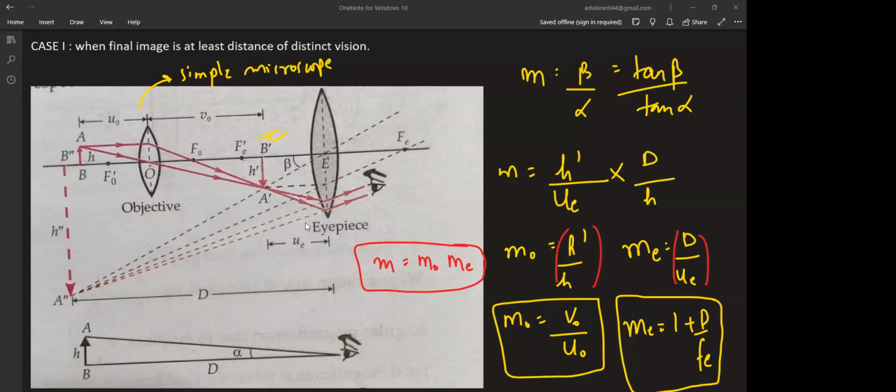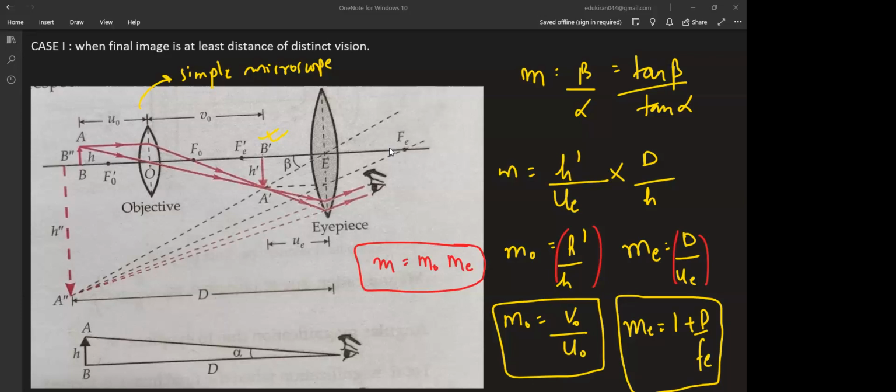And since one more bigger lens is there, we have this as our object now. This was the image of the objective lens, which will act as the object for the eyepiece. So again, the rays pass through the lens and they get refracted and finally enter into our eyes. But human eyes have the tendency to see in a straight line. Light travels in a straight line.